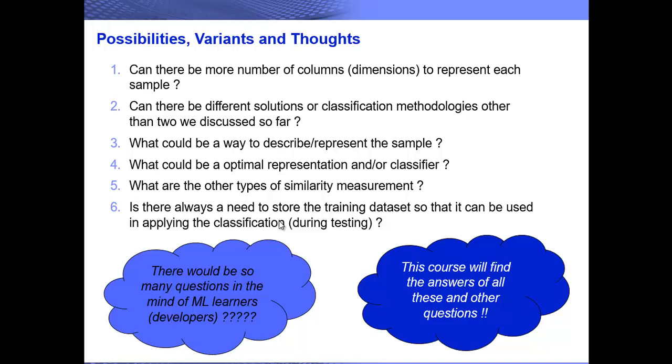That means even at the time of testing, using that trained KNN classifier, we need to have that data as it is in our memory. But that is not the case in many other machine learning algorithms, where the data may be millions or tens of millions of samples.